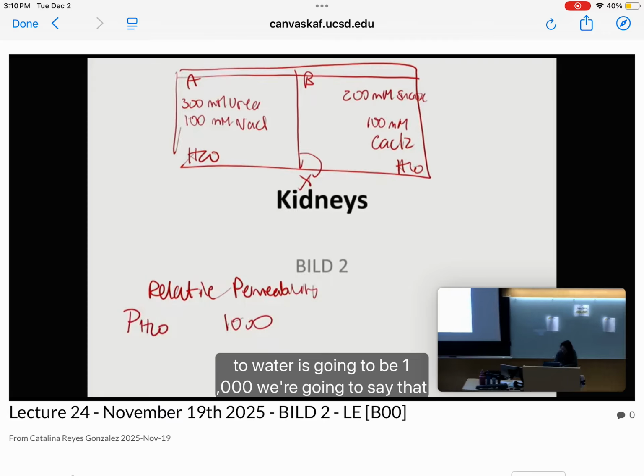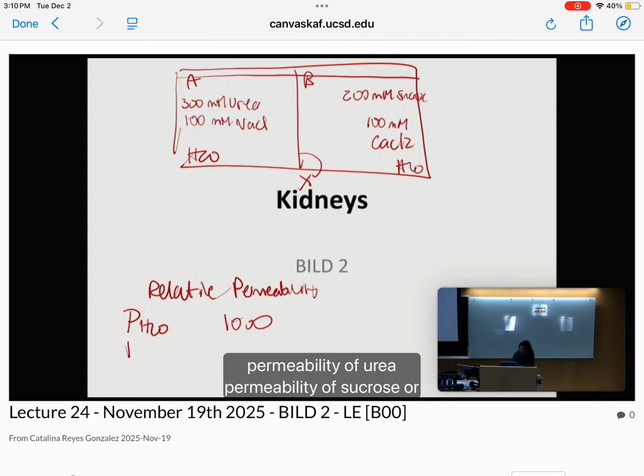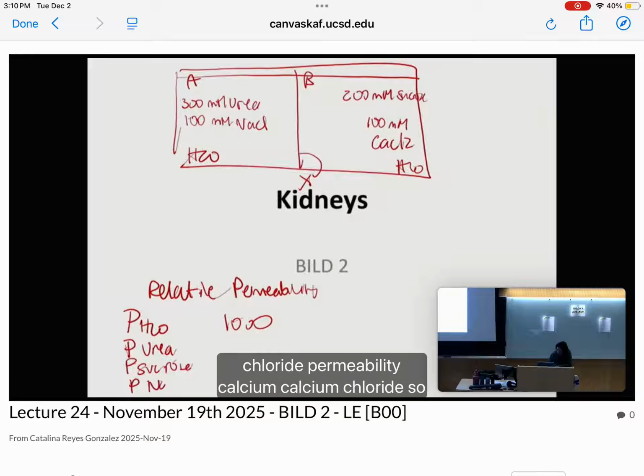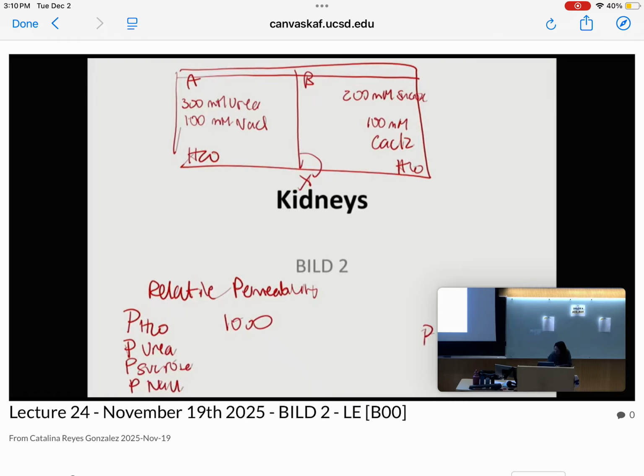And then the permeability of urea, permeability of sucrose, sorry, not glucose, but sucrose, and permeability of sodium chloride, permeability of calcium chloride. So these are the relative permeabilities of that membrane X.